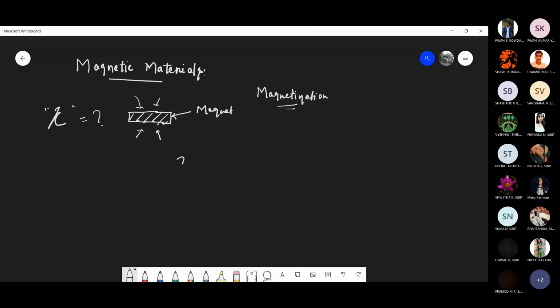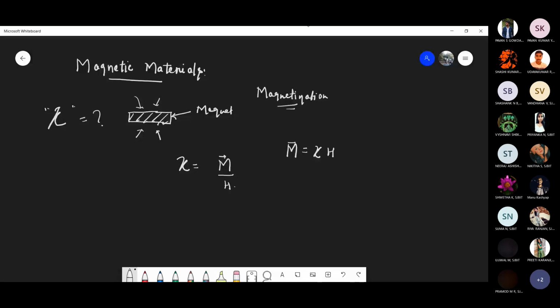Susceptibility is defined as psi equals M over H, the ratio of magnetization M over the total magnetic field H. So magnetization M is equal to psi, the susceptibility, times the magnetic field.